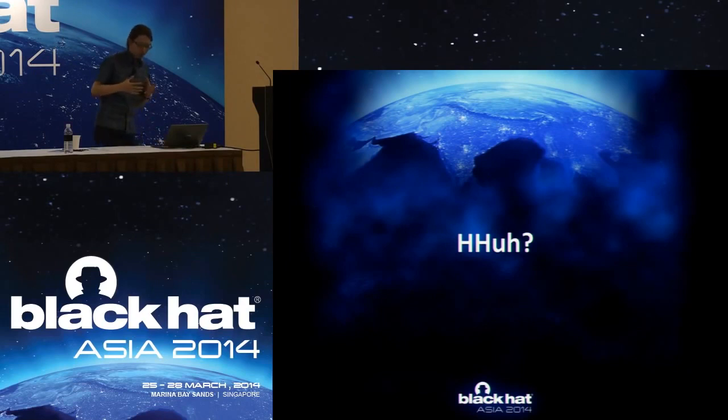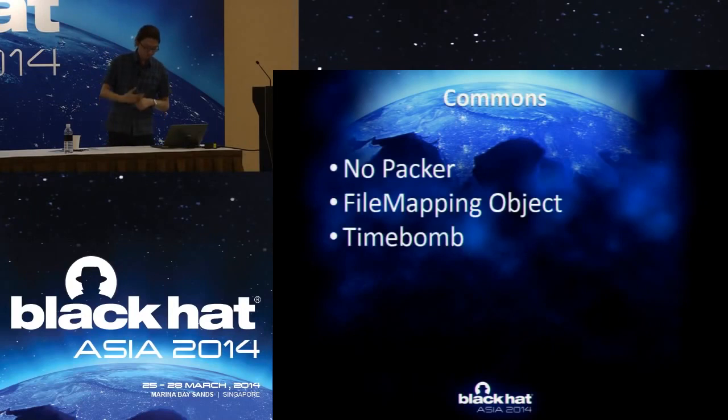So before we try to find more related samples, firstly, we need to see the characteristics in those Vipers and the Viper spreaders, right? The common parts: no packer. It may have UPX, but nowadays, who treats UPX as a packer? Second, file mapping object.